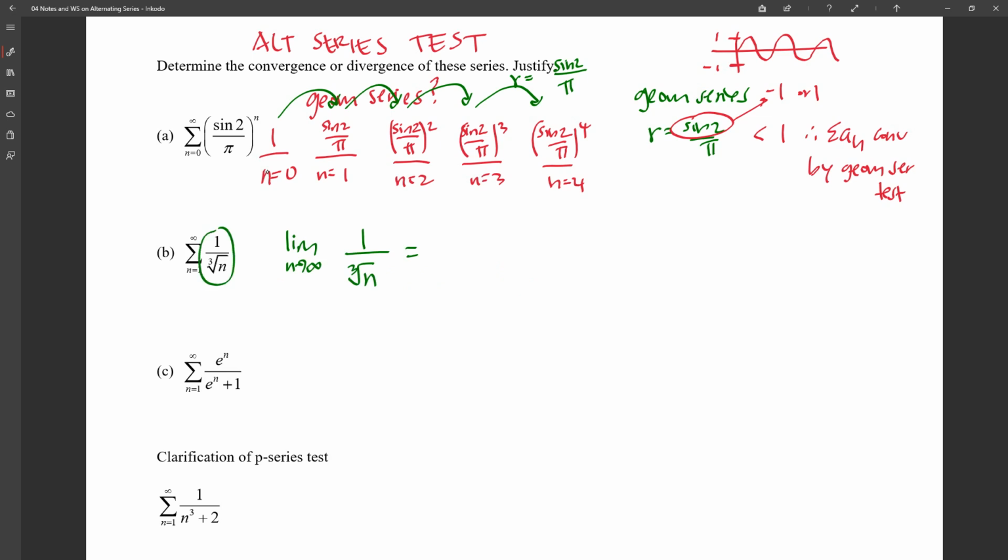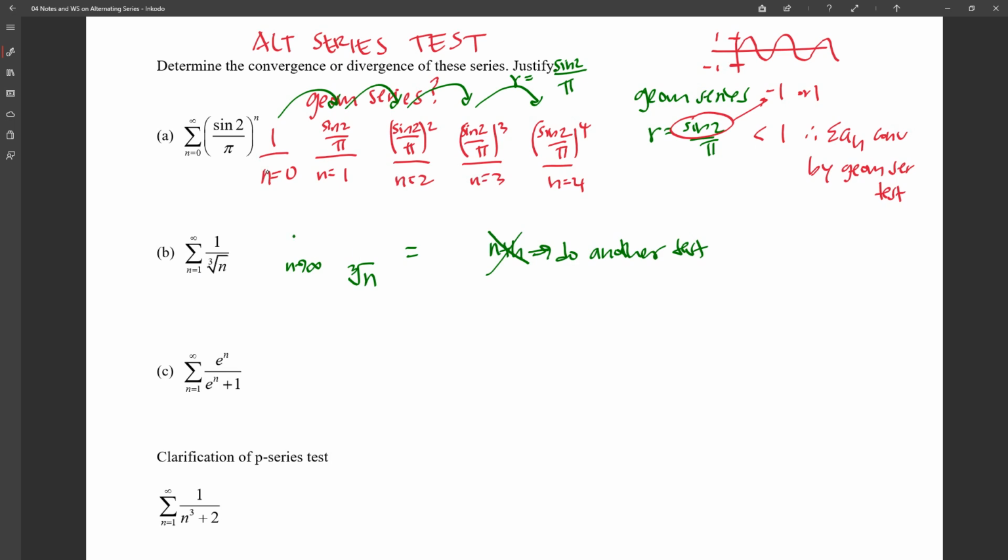So if I take the limit of just this a sub n here, as n gets bigger and bigger, this turns out to be 0. If it's 0, then nth term test for divergence says do another test. It does not work when you get a 0 for the answer. It only works if this number is not 0.